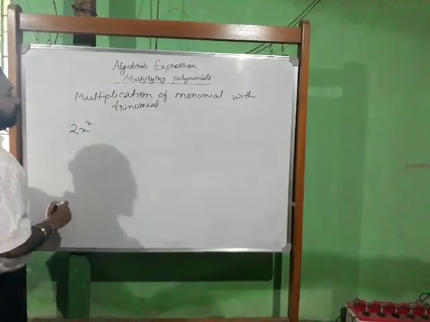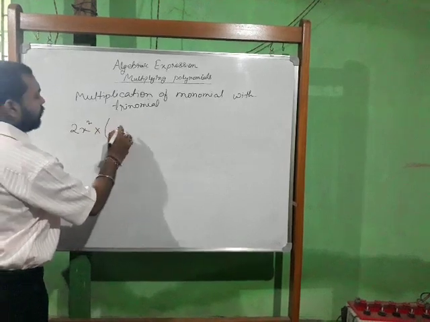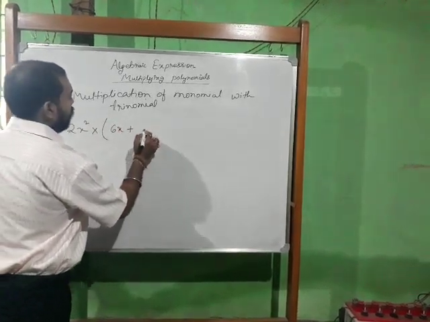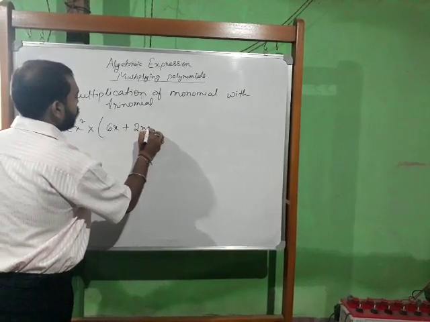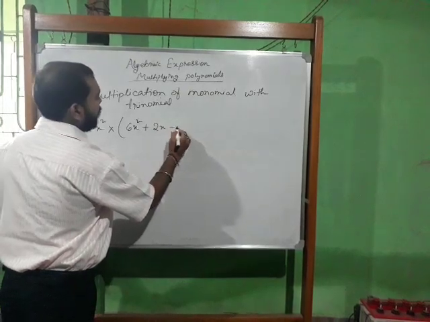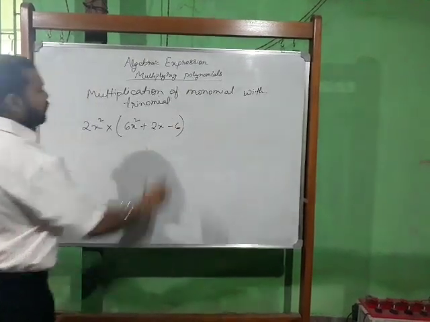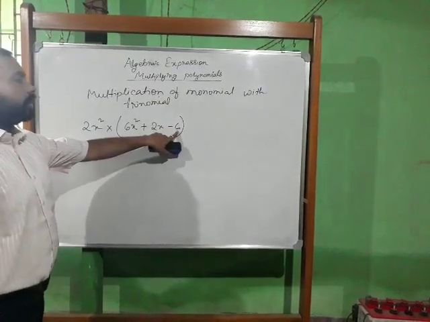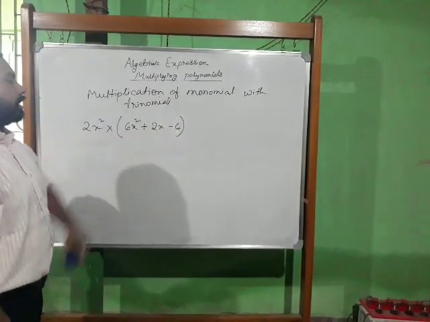Let us take one monomial multiplied with 3 terms. Let us take 6x square plus 2x minus 6. So this is a constant because no variable is there. So this is a constant, minus 6.